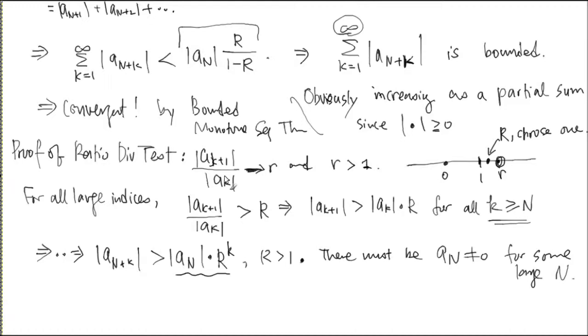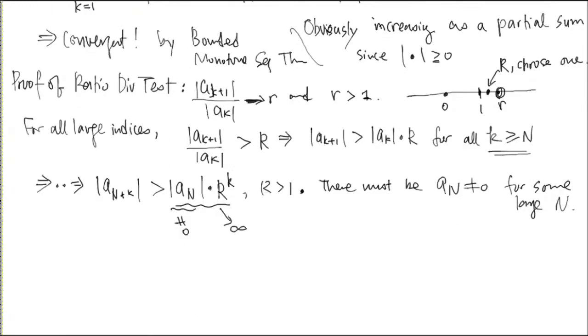And I don't think we have this result of a quotient being r, right? So this one must exist. So a_n is a non-zero number, and this one is approaching infinity. Therefore, this inequality pushes this a_{n+k} approaching infinity.